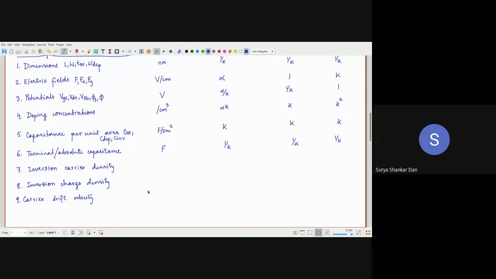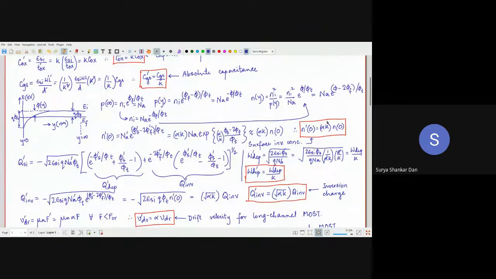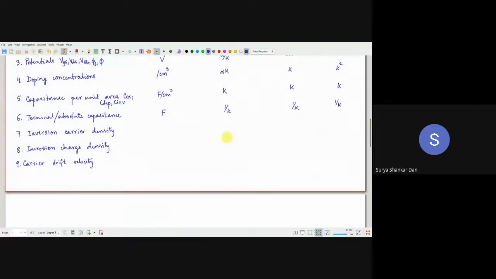Okay. Inversion carrier density. Look at this. Inversion carrier density is this, alpha into K. Correct? Just like the doping concentration. So if it is alpha into K, I'll again put, remember, the unit is again per centimeter cube.